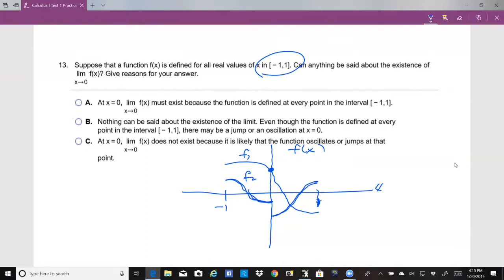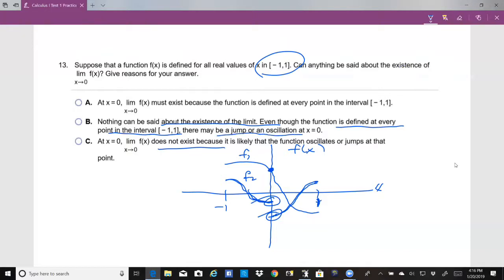F2 is defined everywhere, but the limit from the left, which is that number, and the limit from the right, which is that number, are different. So the limit does not exist. What is the reason? Nothing can be said about the existence of the limit, even though the function is defined at every point in the interval minus 1 to 1.